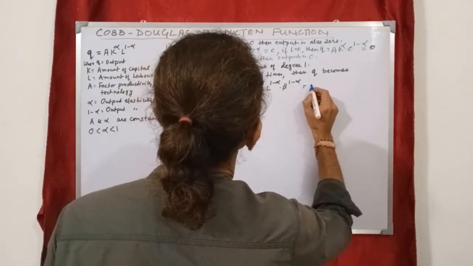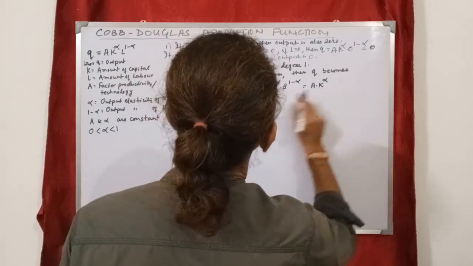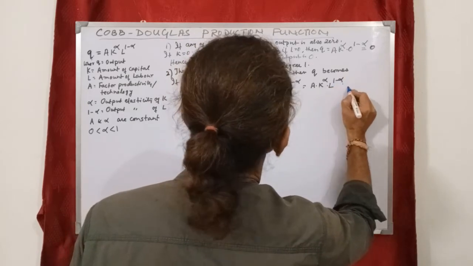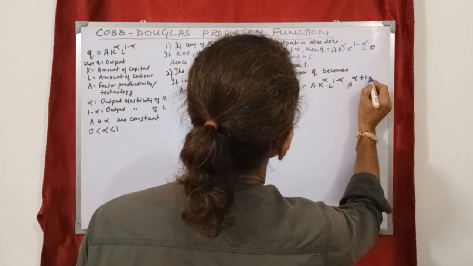This is equal to A K to the power alpha, L to the power 1 minus alpha, beta to the power alpha plus 1 minus alpha.